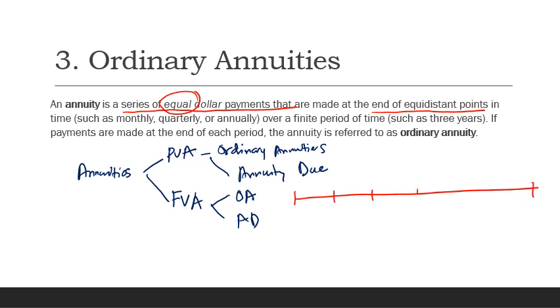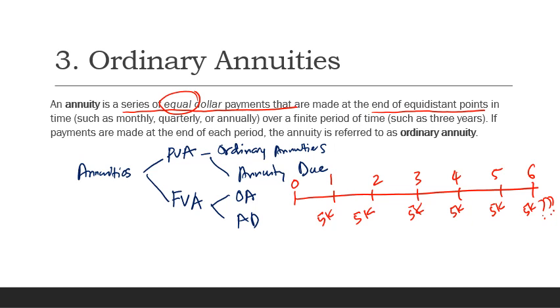So this is an annuity if it involves a series of equal payments. For example, we start here with 5K. Start at 0, 1, 2, 3, 4, 5, 6. Another 5K, 5K, 5K, 5K. This is number one.